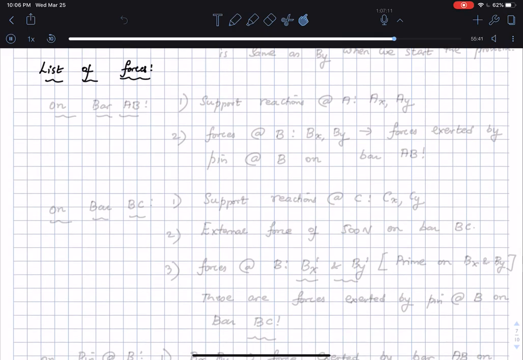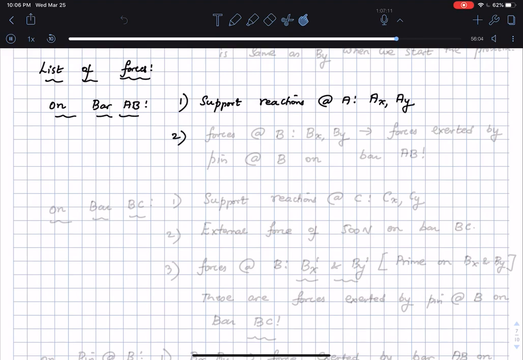Okay, so on the bar AB, you will see that the forces are the support reactions at A, which is AX and AY.